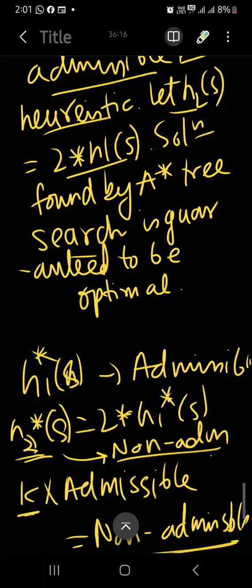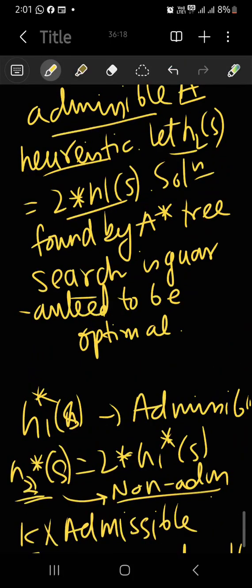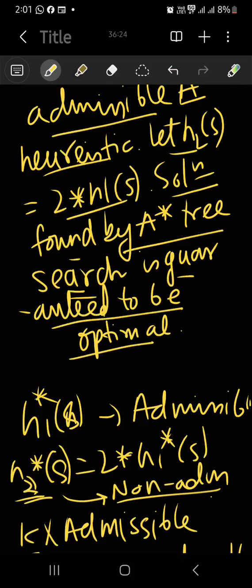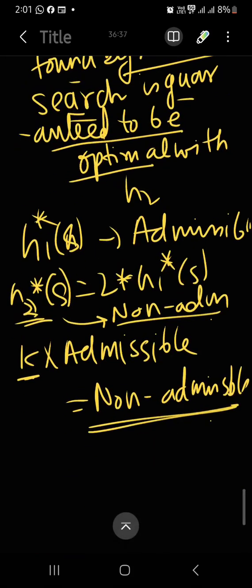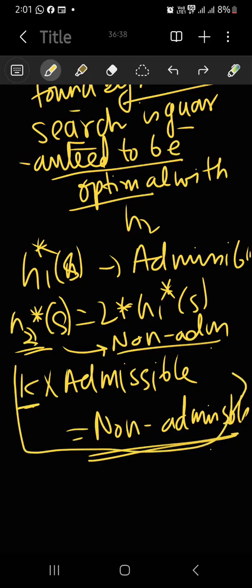Now what it is saying: is the solution found by A star tree search with h2 guaranteed to be optimal? Is h2 admissible? Tell me first of all. No, because we have this golden rule that k into admissible is non-admissible.